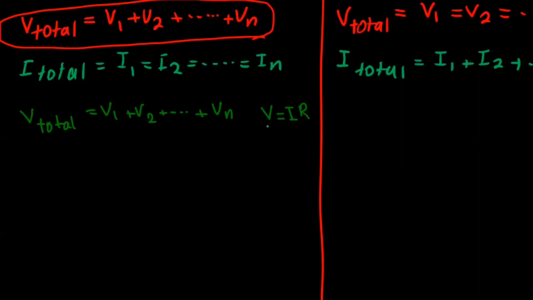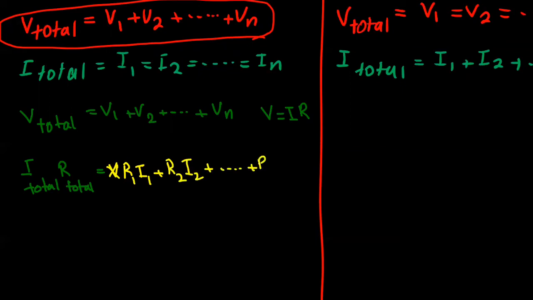So I want to substitute IR for this. So for V total, I write I total times R total equals, for V1 I write, sorry, not V, R1 I1 plus R2 I2 plus Rn In. However, because it's a series circuit, we know I total equals I1 equals I2.